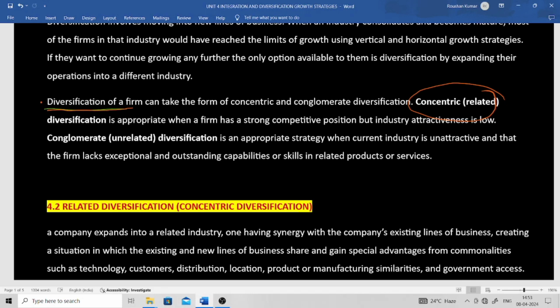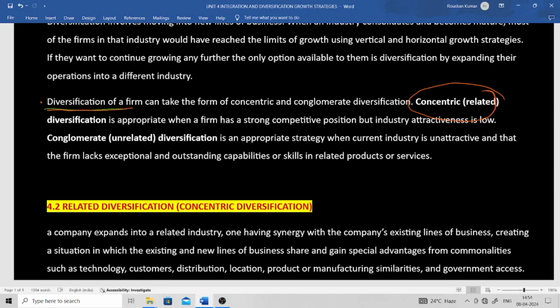So when the firm chooses unrelated or conglomerate diversification, it is because of industry unattractiveness, meaning there are not many opportunities in the industry, or it may be that the firm lacks the exceptional and outstanding capabilities and skills in the given industry. In those situations the firm can choose unrelated diversification.